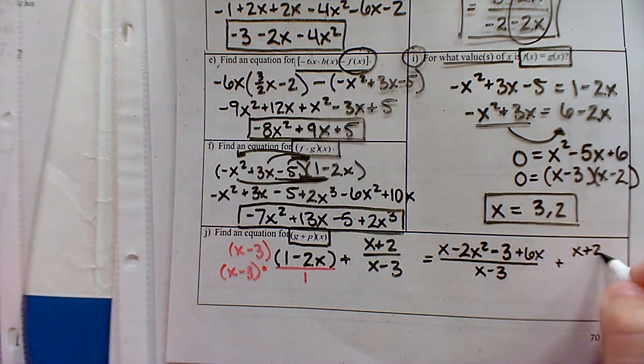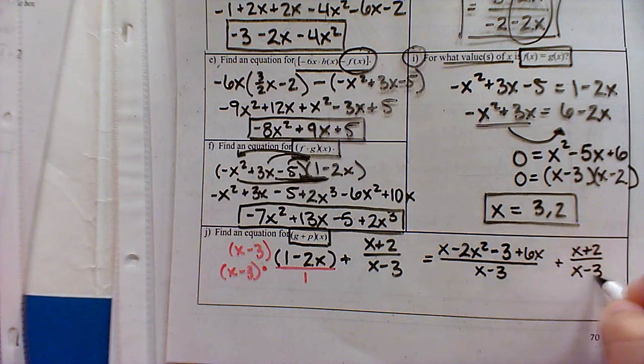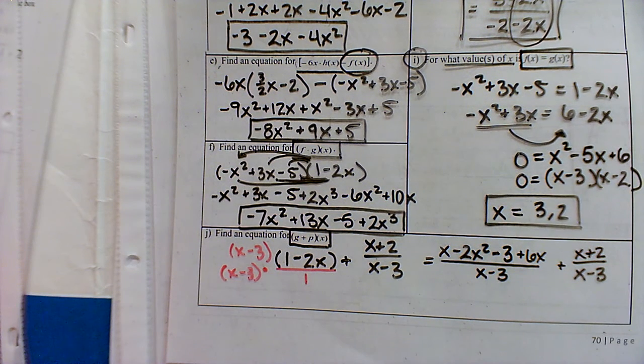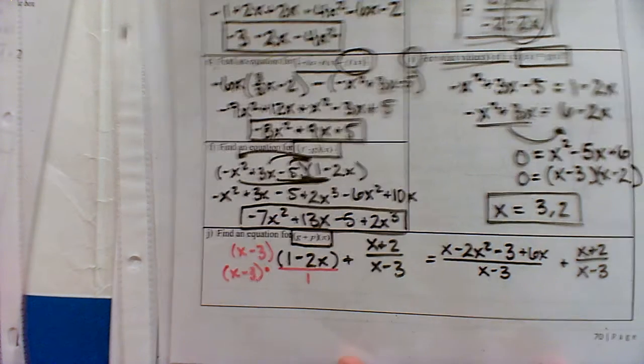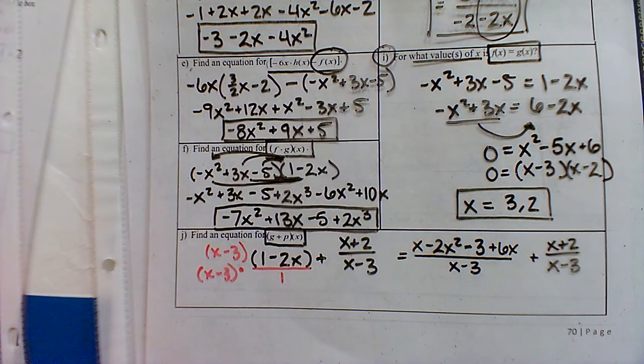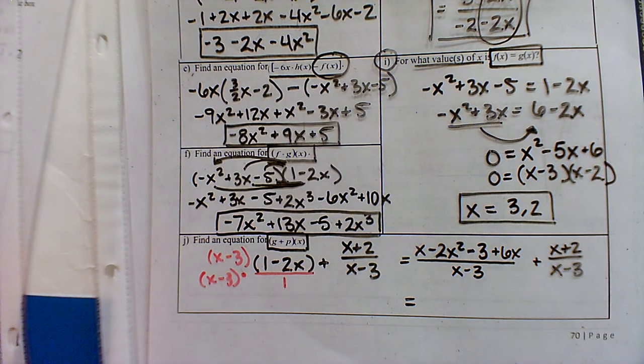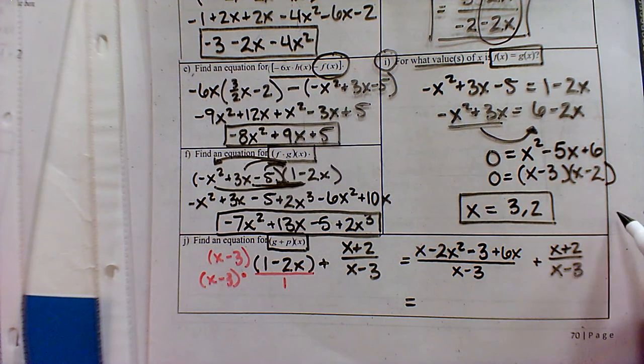So now that we have a common denominator, let's actually go through the addition. How do you add fractions? Now that the denominators match, how do you go through the addition? Is it like multiplication? Do you add the tops, add the bottoms? What do you think? Well, you add the like terms up top. Not quite.